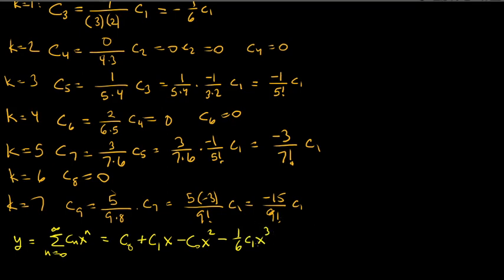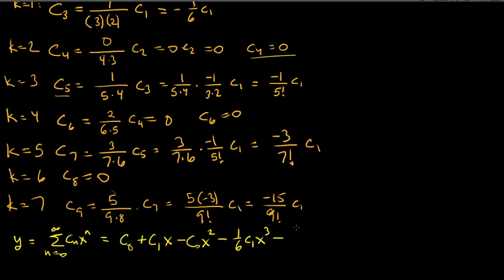Right. Remember, we want to get to x to the 7. So we got to keep going here. What's going to be x to the 4? Well, C4 was 0, so we can skip that term, right? There's no x to the 4 term. What about x to the 5? When n is 5, we have negative 1 over 5 factorial C1.